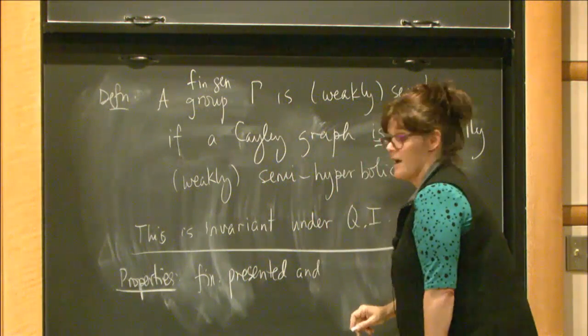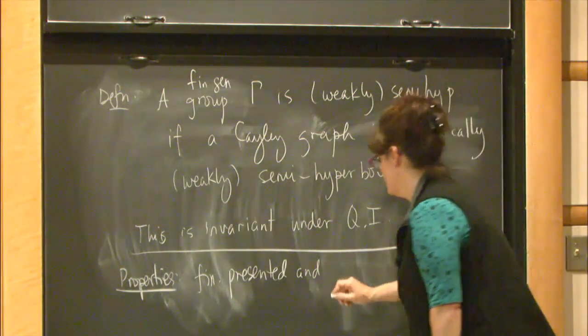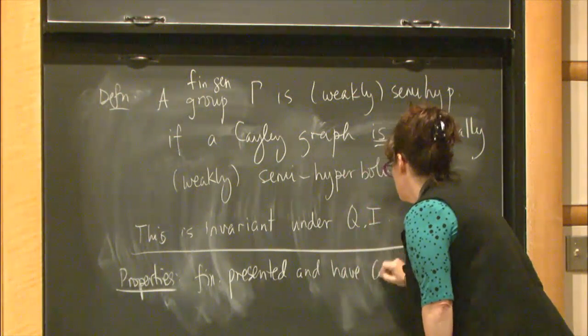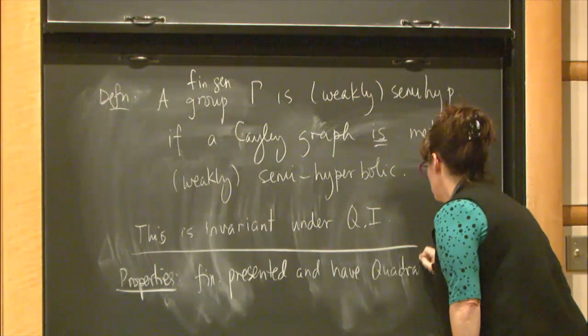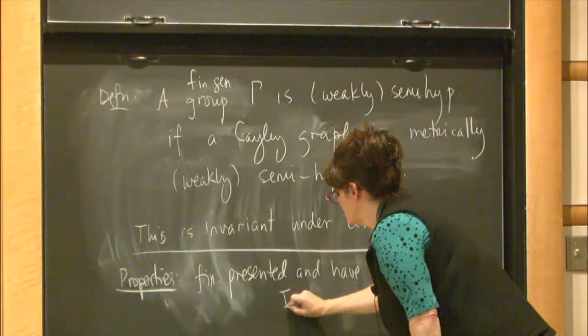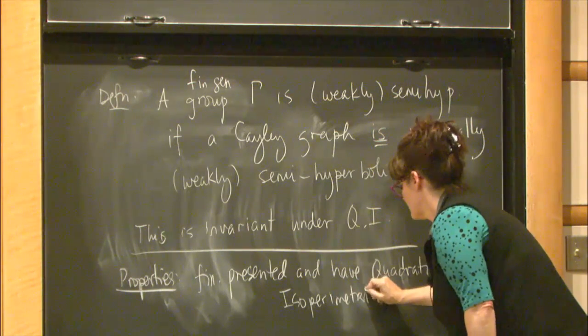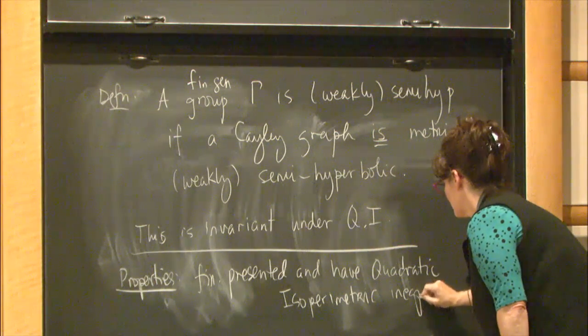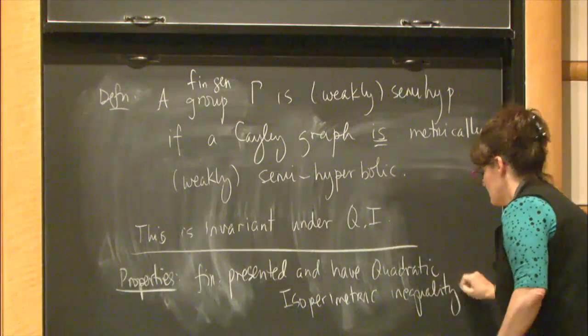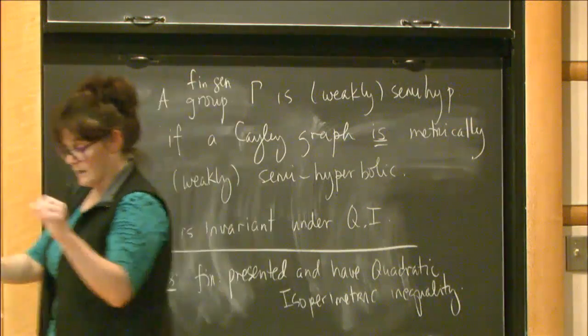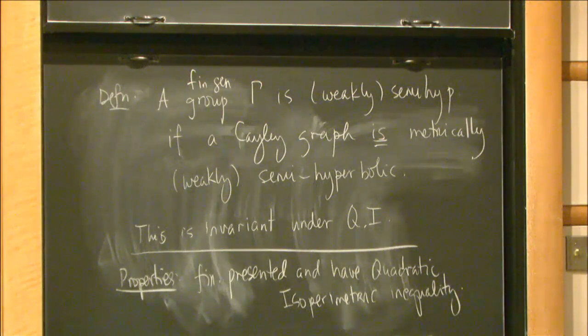And I have a quadratic isoperimetric inequality. So that's pretty good. That was sort of one of my checks, right, that I said I wanted to be there if it was going to be non-positively curved. So that's good, all right?